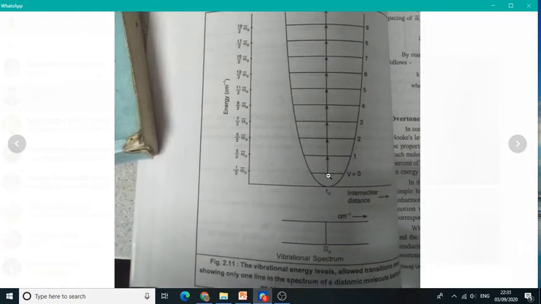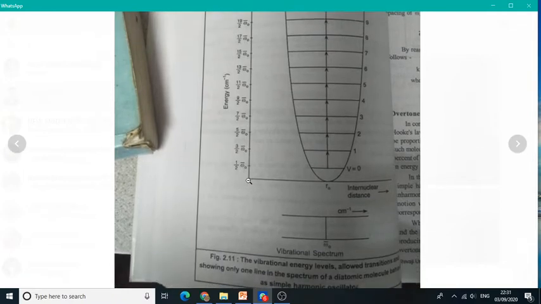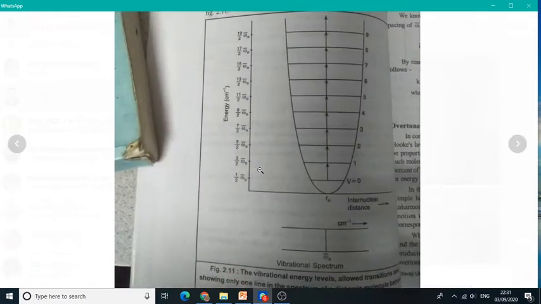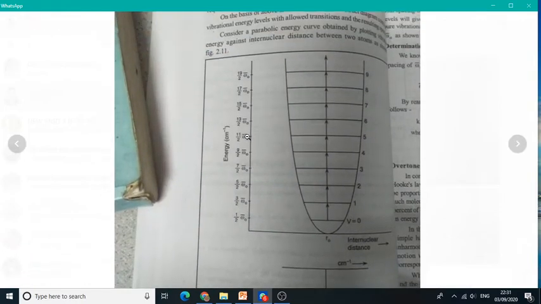Here for different phi values we have the vibrational energies as 1 half omega oscillation, 3 by 2 omega oscillation, then 5 by 2 omega oscillation, 7 by 2, 9 by 2.